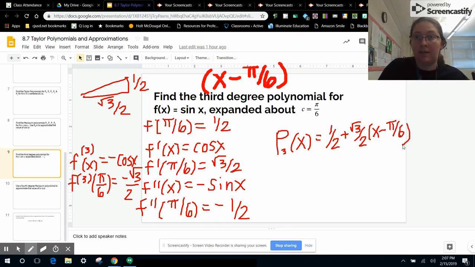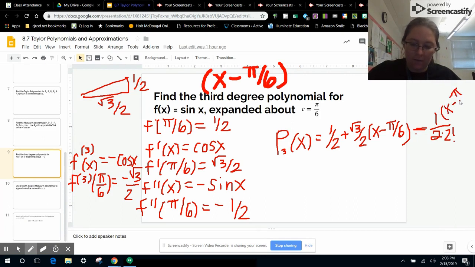And then it's plus the second derivative, which is actually negative 1/2, so it's going to be minus 1/2. But it's supposed to be divided by 2 factorial, so I'm going to put that 2 factorial in the denominator, times x minus pi over 6 squared. So that's second degree.